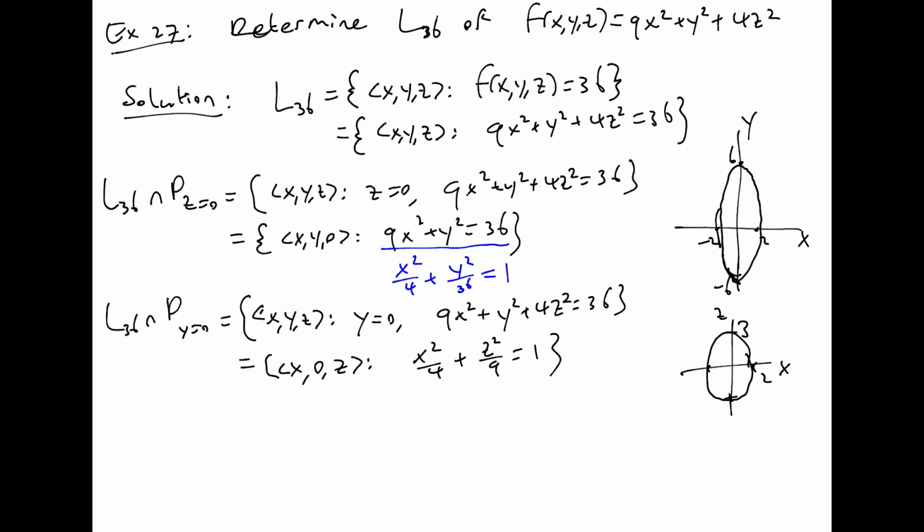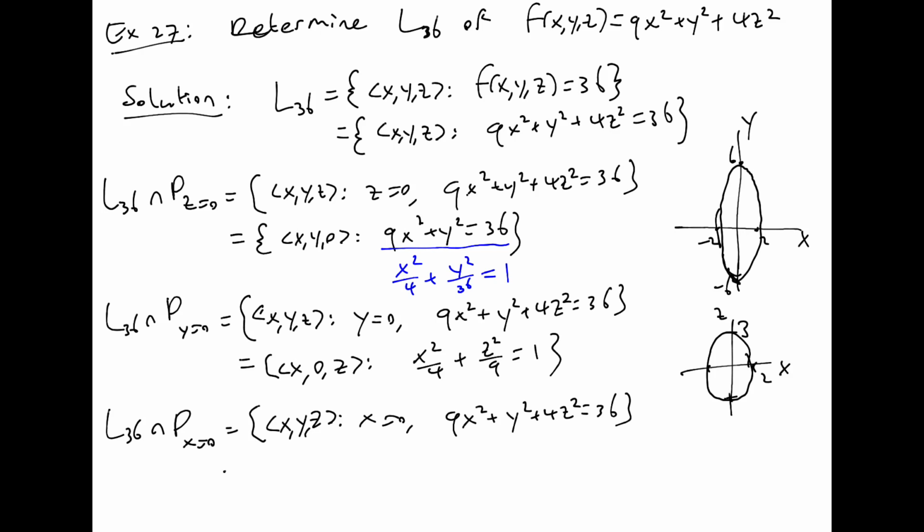Because of the symmetry of the whole business, the same thing is going to hold for the intersection with the yz plane. So what we're going to get is 0, y, z.